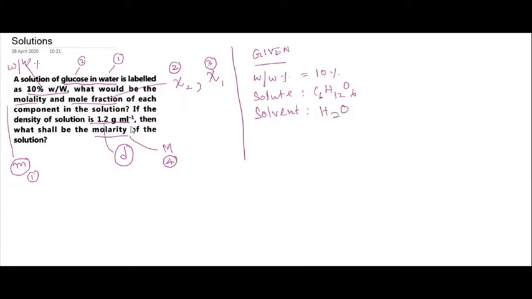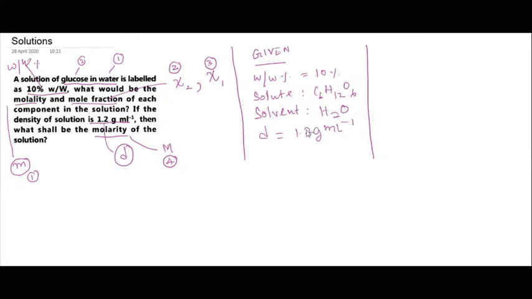Any other parameter given? For the next set of questions, they have given the parameter D, the density. So density is equal to 1.2 gram per ml. You can put ml or -1, okay? When you look at the sum, there are some direct data given. Sometimes you have to derive the data also, and there will be some reference data to be used in the problem.